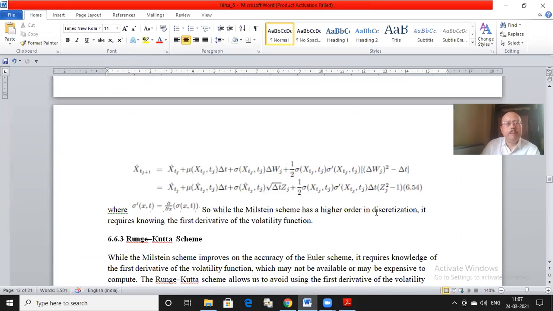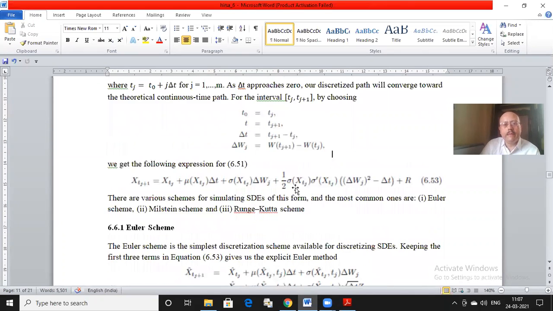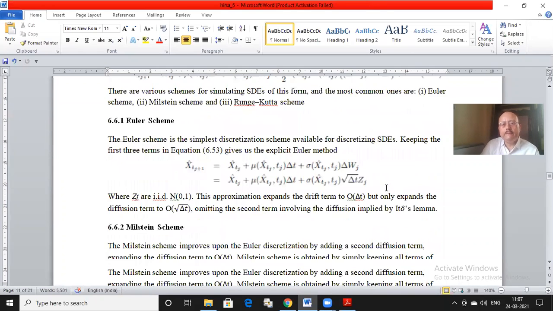So now my discretized approximation looks like this: the first part is the same as in the Euler scheme, up to mu, sigma, root delta t, but I also want to add the diffusion term here, half sigma sigma prime. In 653 I have half sigma sigma prime, delta Wj squared minus delta t.